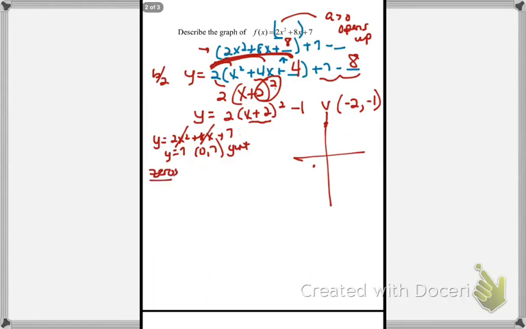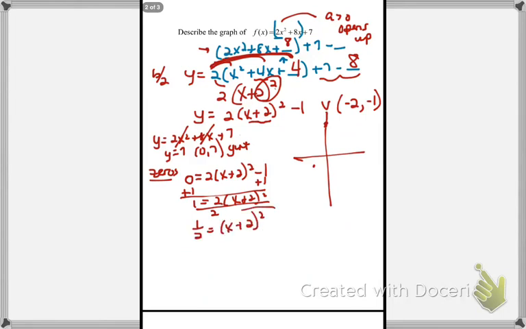So we come back to your vertex form, and we substitute 0 in for y, and we solve. We add 1, and divide by 2. Undo your square, and you get a square root, which gives you a plus or minus.